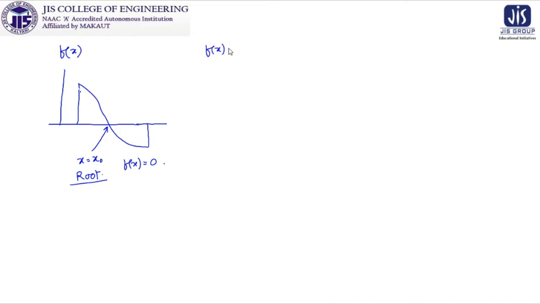Look at this. If f(x) is equal to x minus 2, then by our classical method we can make it equal to 0. So we can write x minus 2 is equal to 0, and x is equal to 2 is our desired root. Or if I get f(x), the functional expression in algebraic form, after simplification as (x minus 2)(x minus 3), then by making it equal to 0 we get x equal to 2 and x equal to 3, both roots of this function.